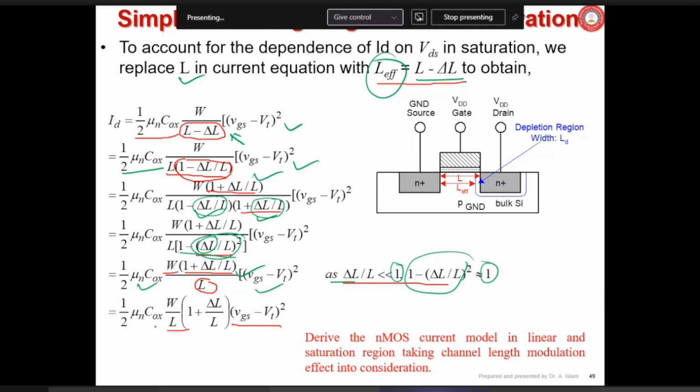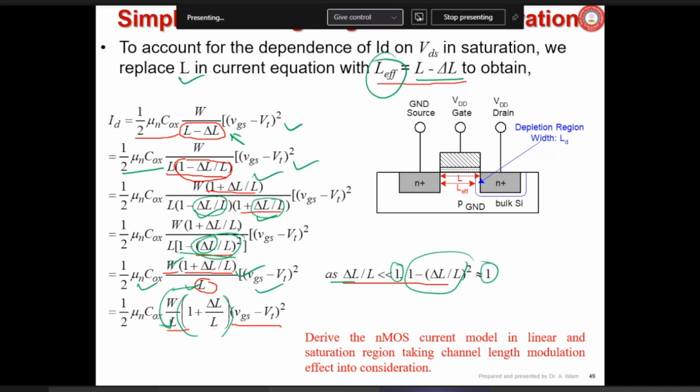Then half mu n C_ox W by L, this W and this L. And then we put within the parenthesis 1 plus this delta L by L. This is going correctly because L has come here. So 1 plus delta L by L into VDS.